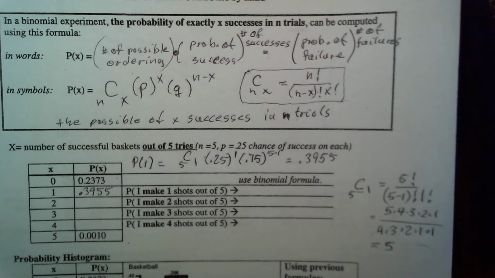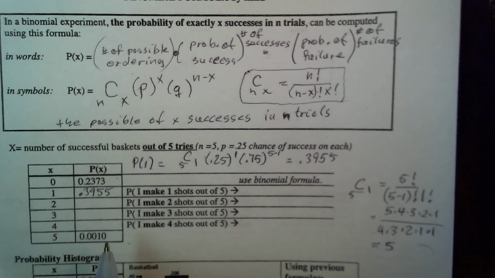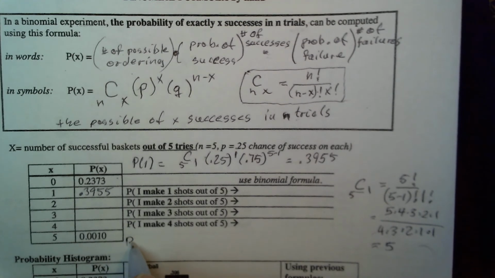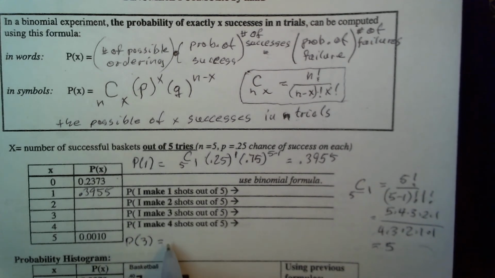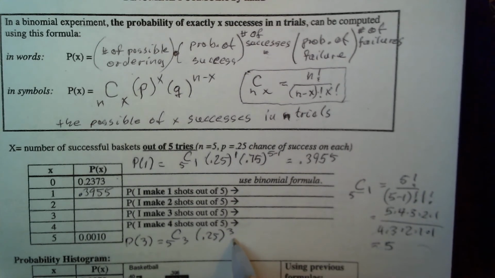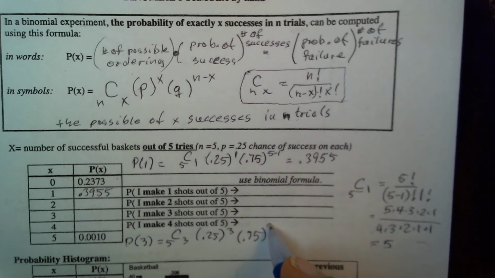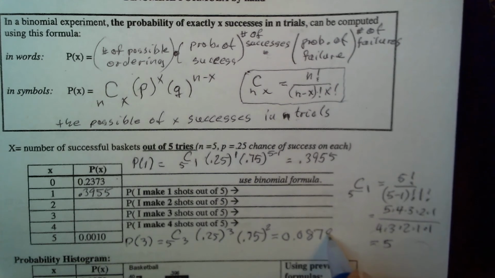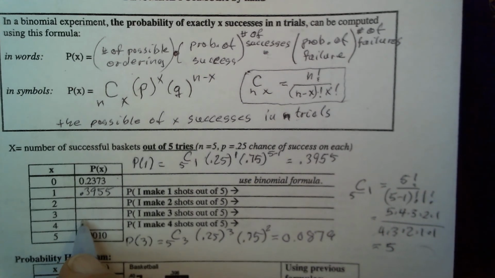I will do one more for you, the probability of exactly 3 successes. It'd be the combination of 3 successes out of 5 trials times the probability of success to the 3rd power times the probability of failure to the 5 minus 3, or 2nd power, and that is 0.0879.